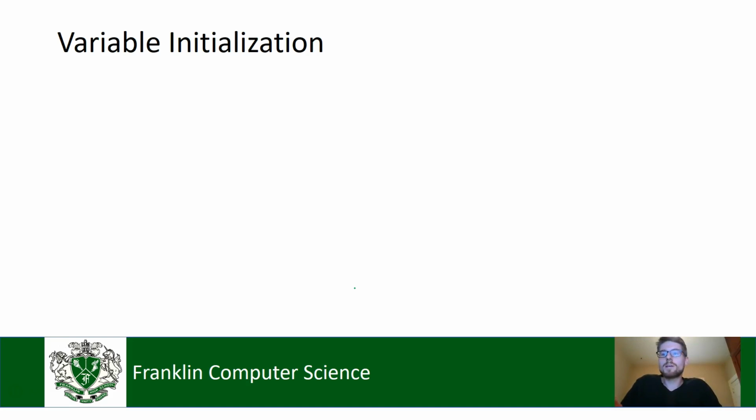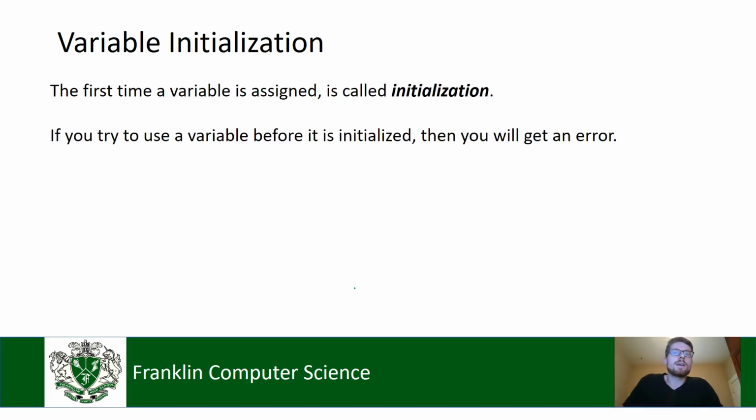Last little bit before we close out on this lesson: when you assign a variable a value the first time, this is called initialization. The very first time you give a variable a value, it's called initializing the variable. If you ever try to use a variable before it is initialized, you're going to get an error.